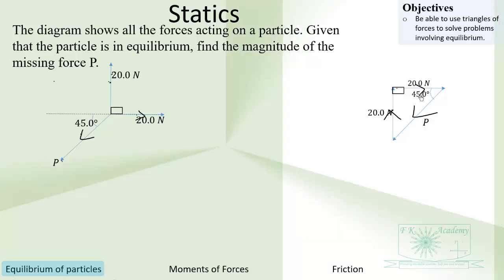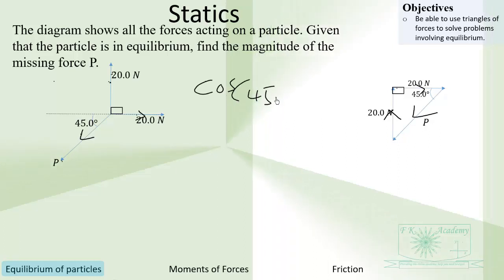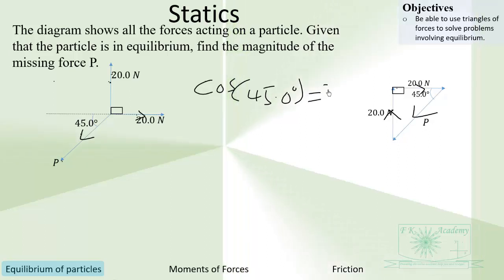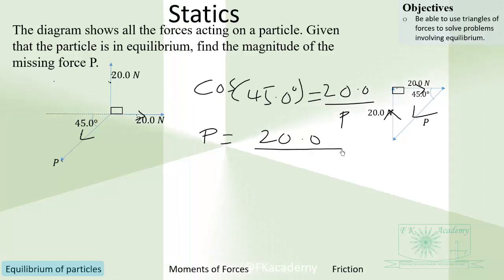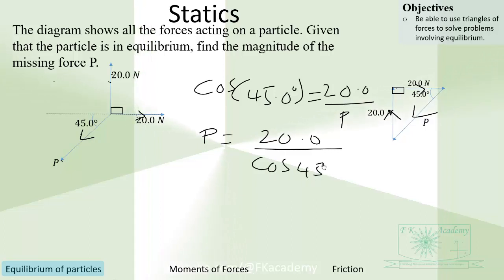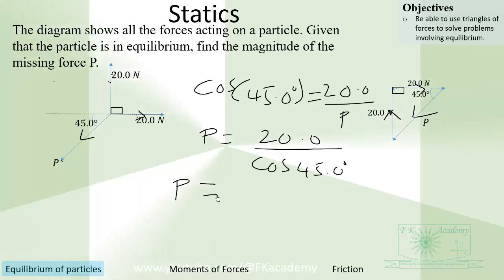So for instance, we know that cosine of 45.0 degrees will be equal to adjacent, which is 20.0, over hypotenuse, which is P. So P will be equal to 20.0 over cos 45.0 degrees, and this will be equal to 28.2842.